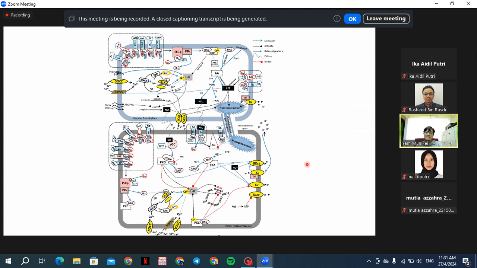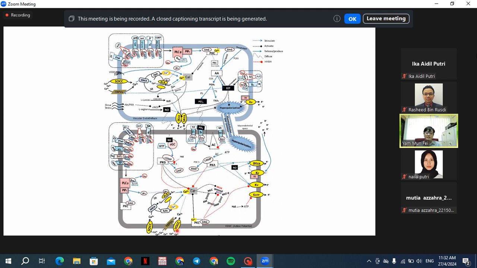Just now I mentioned this is the vascular tone. Basically, when you look at the vascular tone, a lot of receptors contribute. For calcium channels, here we have three types. The yellow color indicates calcium channels: SOCC, VOCC, and IP3R, which is also considered a calcium channel.